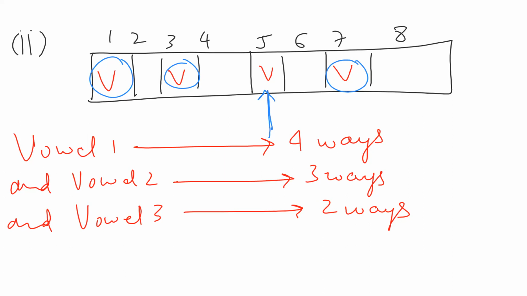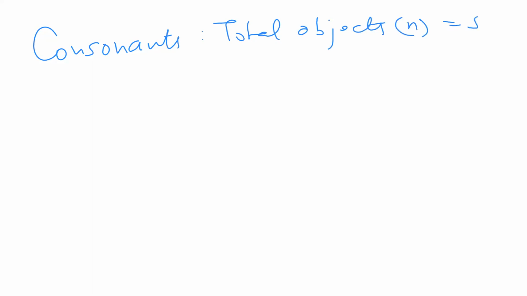Consonants, there are four places. Consonant, consonant, consonant, consonant. But there are a total of five consonants. So this particular place will be used by a consonant. So I'll just write down for consonants. Total objects n is equal to 5. Total places r is equal to 4 plus 1.